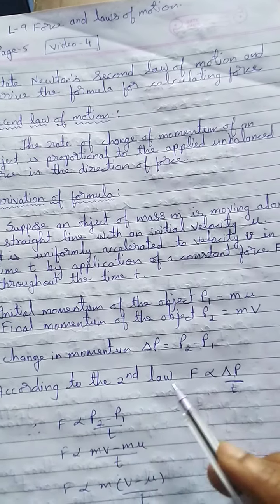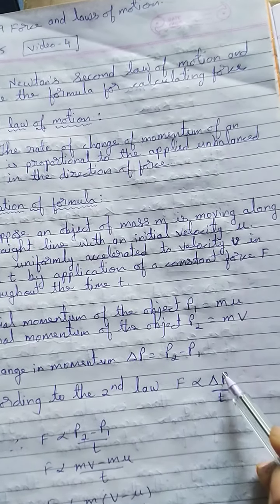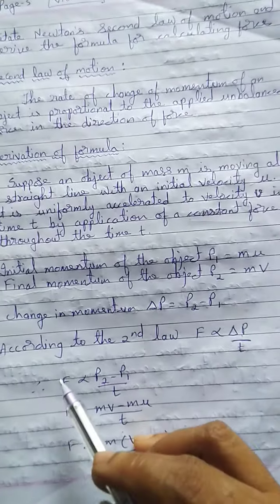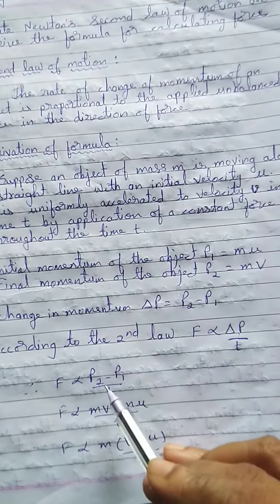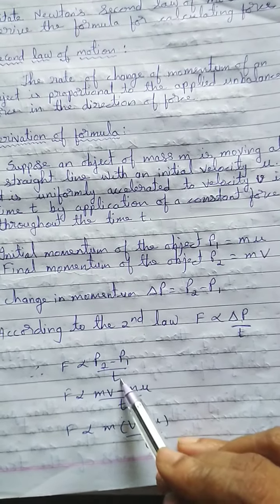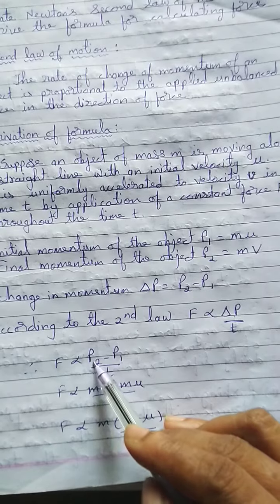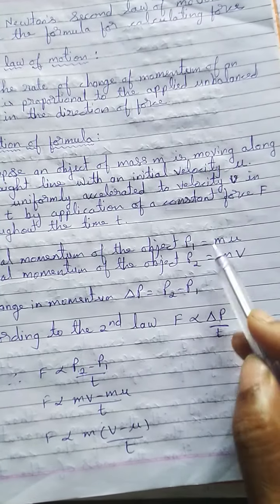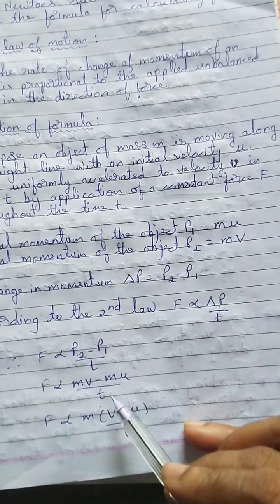So according to the second law, the rate of change of momentum is directly proportional to F. This can be written as force is proportional to delta P, that means P2 minus P1, final momentum minus initial momentum, upon time. F is proportional to P2, which is mv, and P1 is mu. So you write mv minus mu upon t.